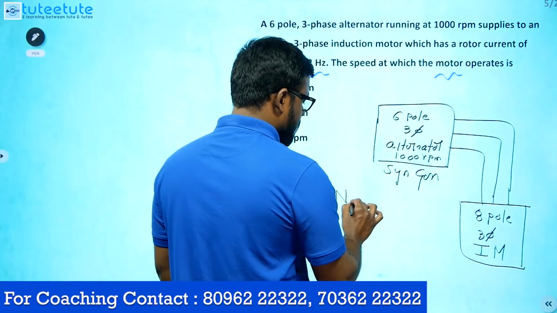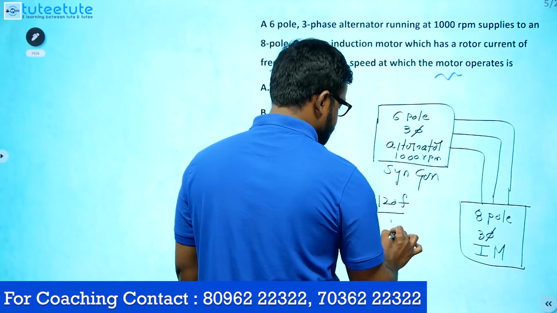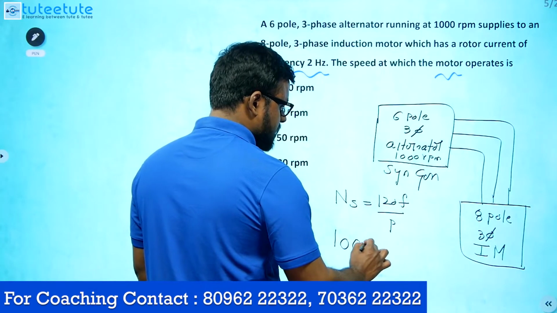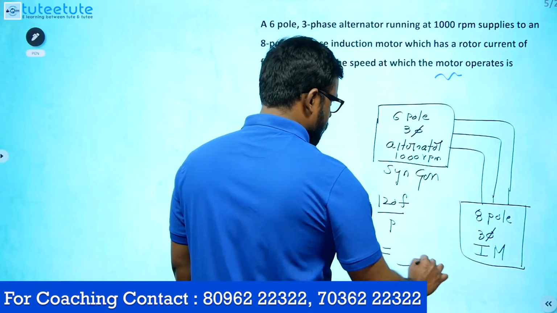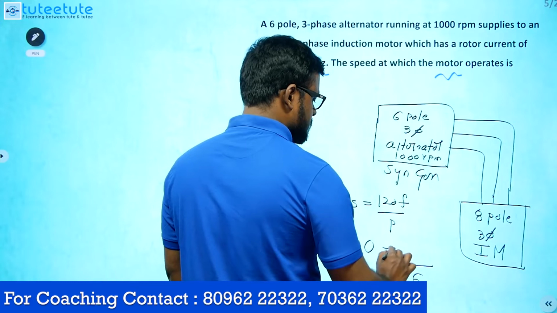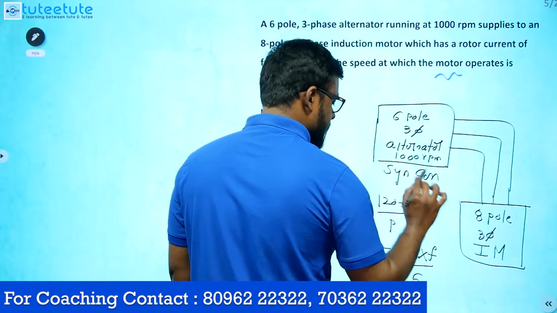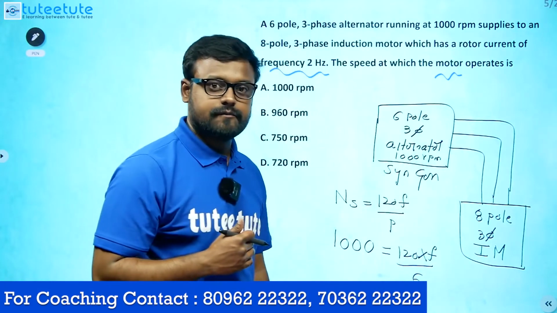So from the formula Ns is equal to 120 F by P, if the rotor of the synchronous generator is running at a speed of 1000 rpm, where the synchronous generator has 6 poles, what is the frequency of the supply generated by the synchronous generator?